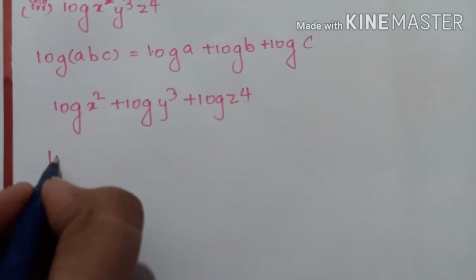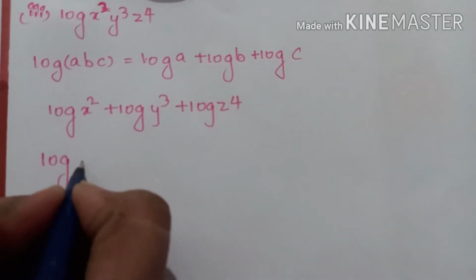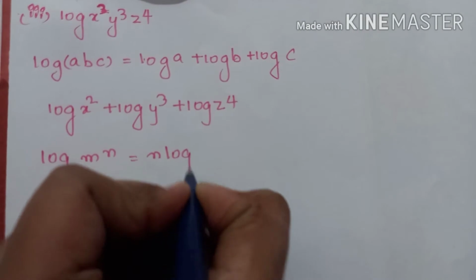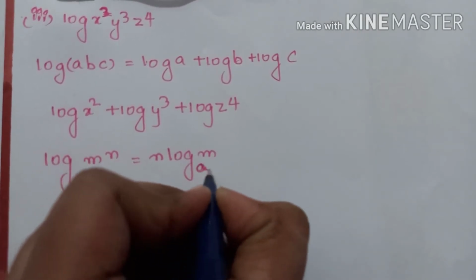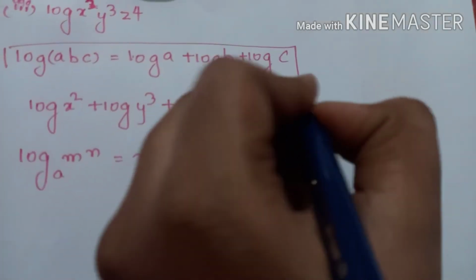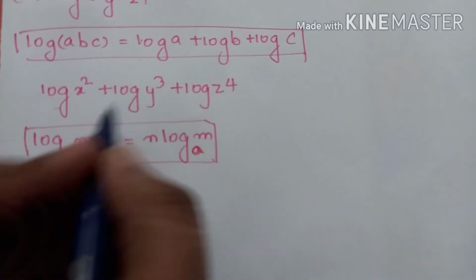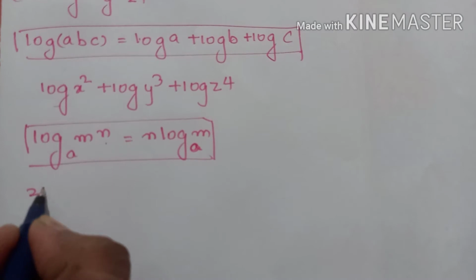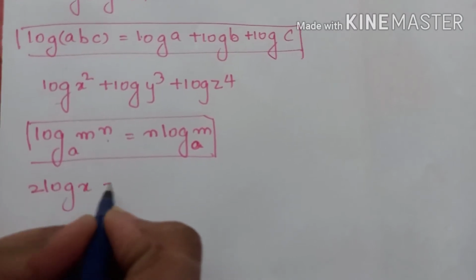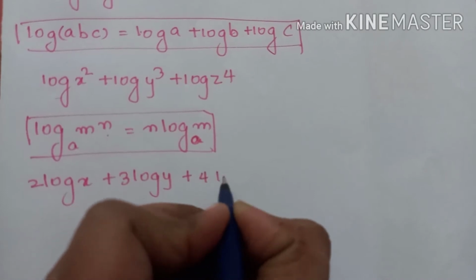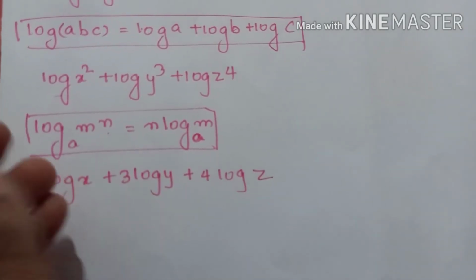And we know the other property that log m power n to the base a can be written as n log m to the base a. So we use these two properties in this question and solved it. And this can be written by using this property as 2 log x plus 3 log y plus 4 log z. And this is the expansion for the third question.